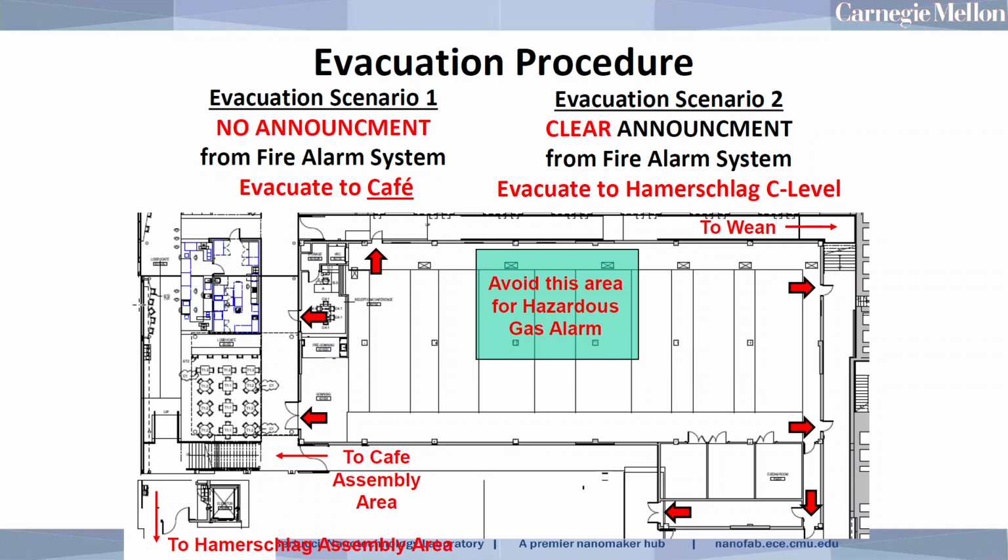So across the footbridge is Roberts, and you could go out that way. There is an elevator located here in the cafe seating area. That's an option unless there's a fire alarm. If there's a fire, you never want to jump into an elevator. You want to take the stairs.